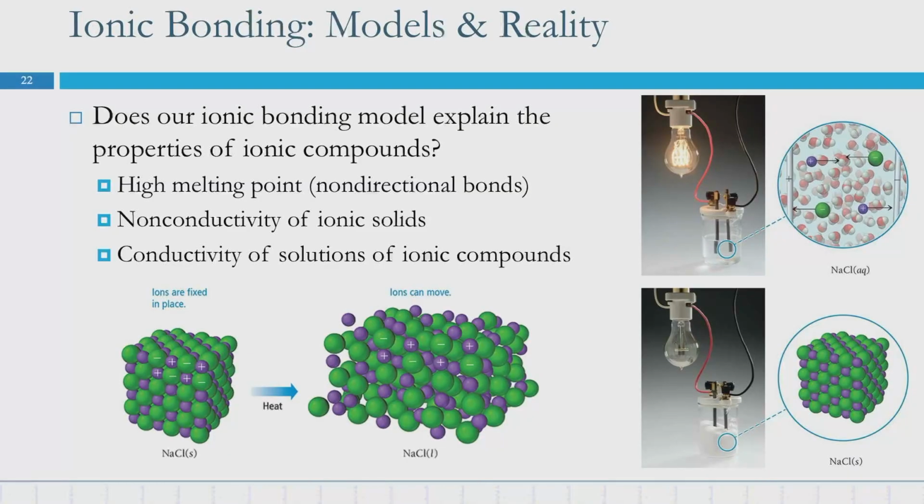Ionic bonding models do help explain some of the properties of our ionic compounds. In our model, we have ions in fixed places of the solid. If you heat it up enough, they can move. But they have really high melting points because one sodium, for example, might have 6 negatively charged things next to it, and each of those might have 6 positively charged things next to it.